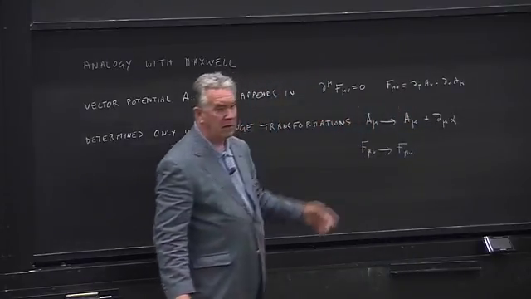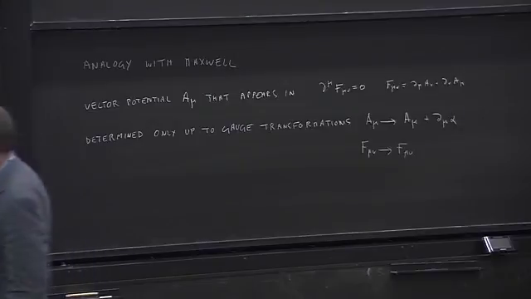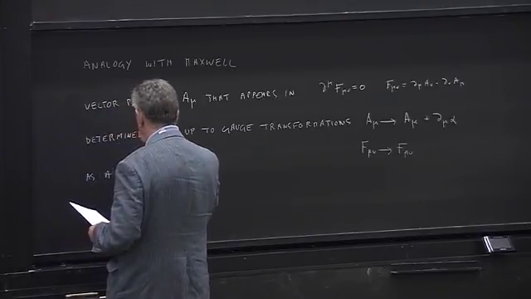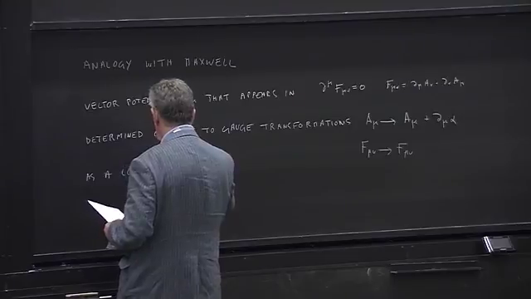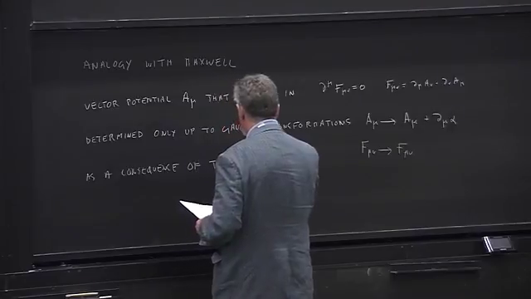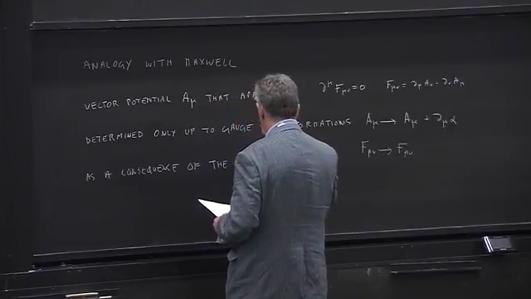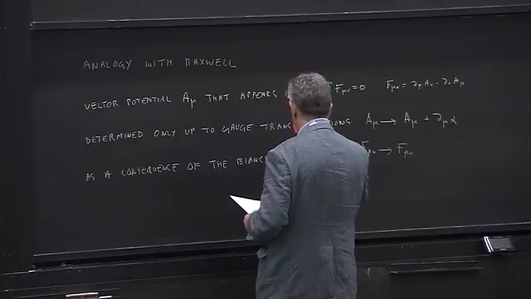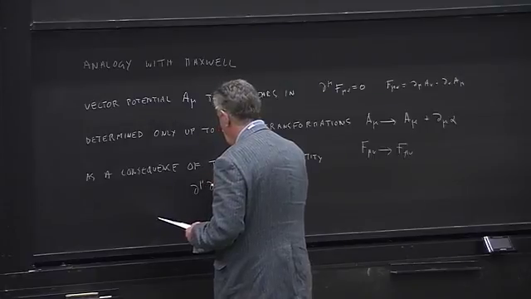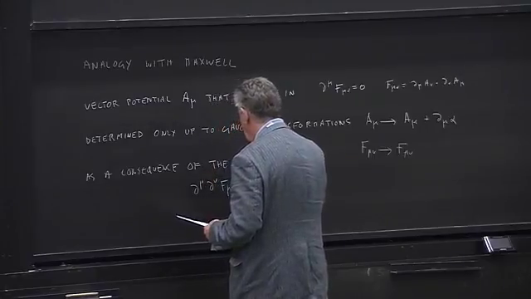And so this is a symmetry of Maxwell's equations, just as Einstein's equations are invariant under a change of coordinates. You can regard this as a consequence of a Bianchi identity. It says d mu d nu F mu nu is identically equal to 0.